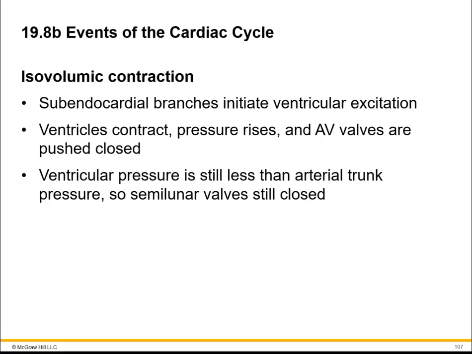So the semilunar valves remain closed. And the way you can remember this is that this is isovolumic. So same volume. So all the valves are closed. There's really no change in the volume of the heart at this point. The ventricles are contracting, but the volume of blood in the heart remains the same.